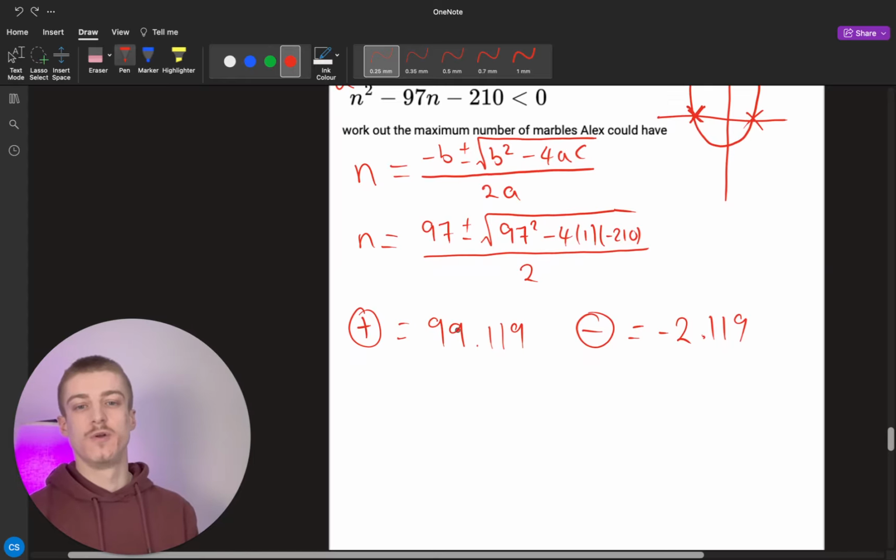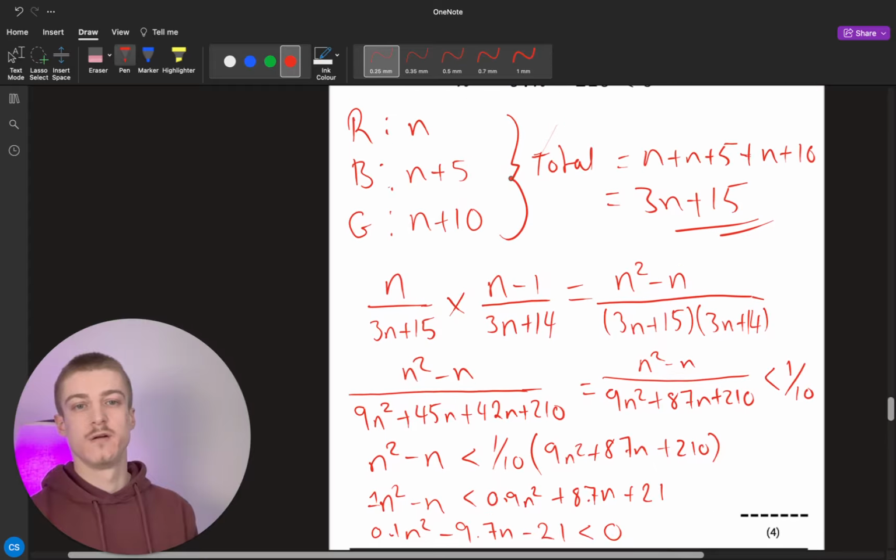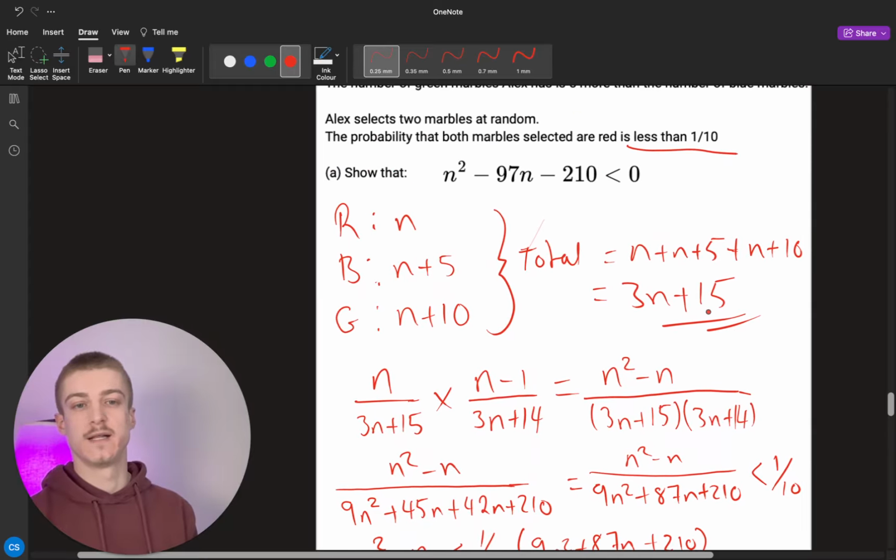So let's do that. Let's do 1.3 times 0.6 times 1.2. This comes out as 0.936. If we times this by 100, we get this as a percentage, 93.6%.